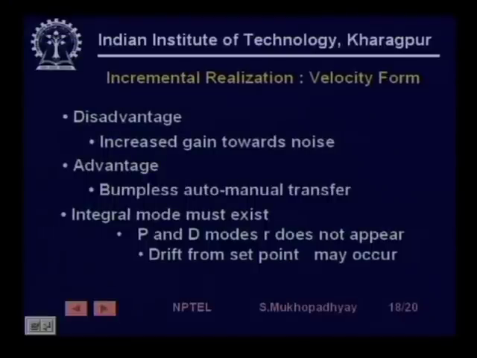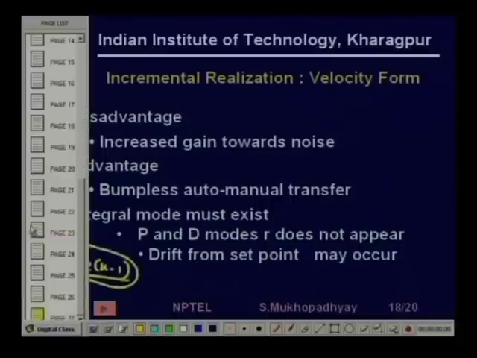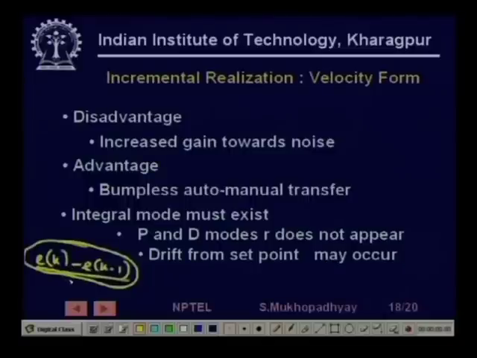Now, there is an interesting phenomenon that happens. Generally this mode is implemented in this form, a PID controller, when there is an integral mode. If you see the delta u term, you will find that one component contains Ek minus Ek minus 1, that is the proportional component. Now, in this component the reference input R does not appear, because Ek is equal to Rk minus Yk.